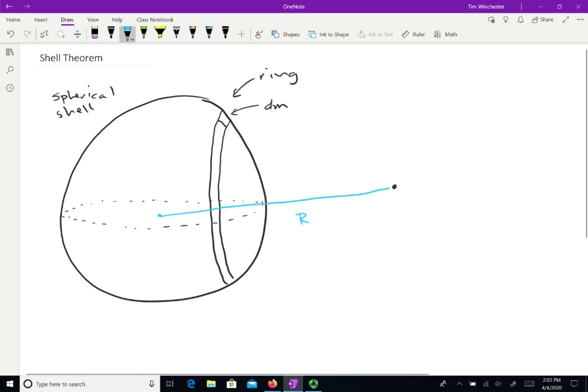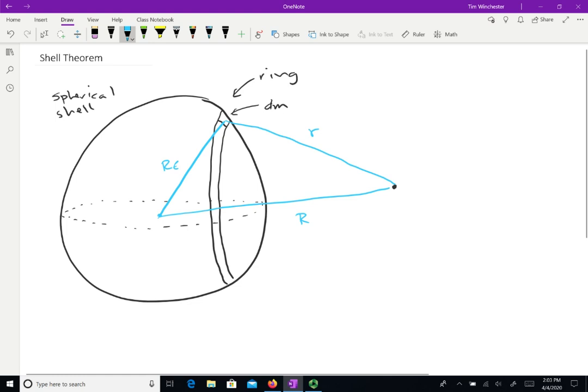I also want to name the radius of the planet, so I'll call that R_E for the radius of the Earth, although this could apply to any spherical planet. And then finally, I want to name the distance from that mass element to the object, and I'll call that little r.